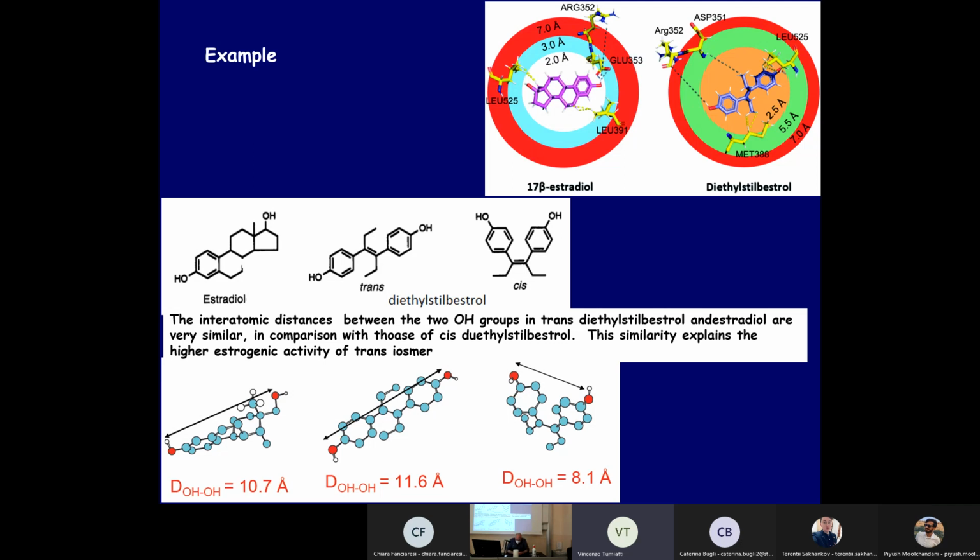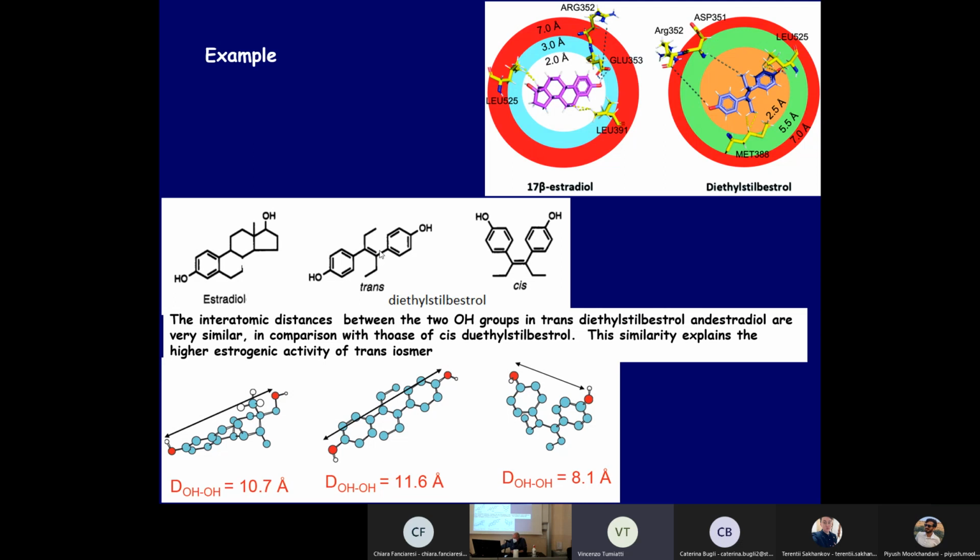To demonstrate this hypothesis, these scientists synthesized the two geometric isomers of diethylstilbestrol. Please see the chemical structure.